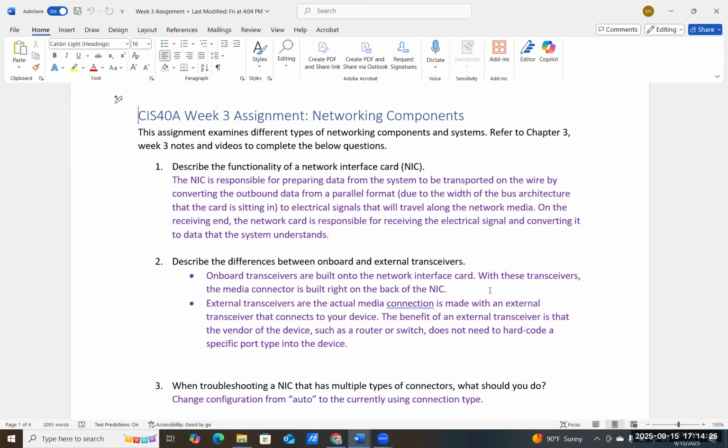The external transceiver is an actual separate component that adapts to the system. So that means that you buy that component externally, right? And then you would plug that component into a switch, right? A router, a system that you need to be able to transceive, right?